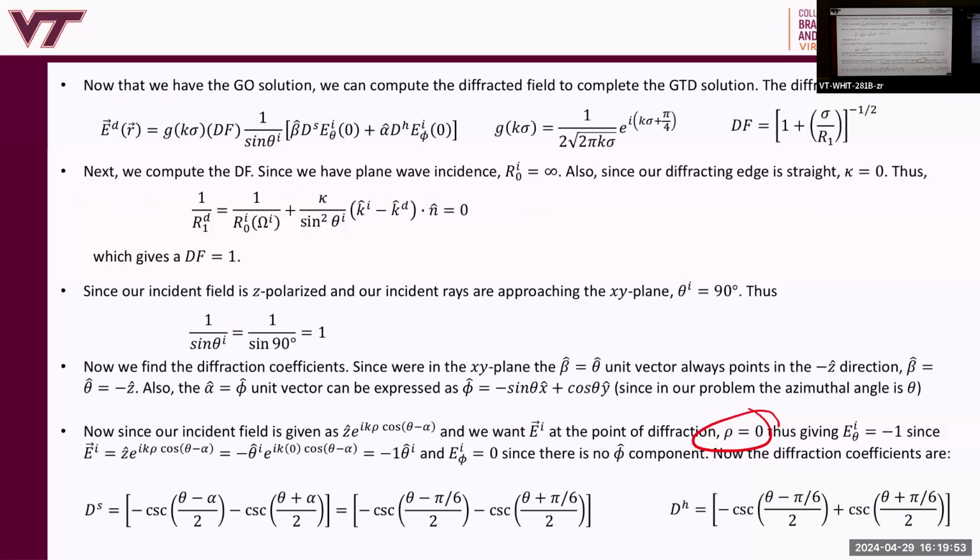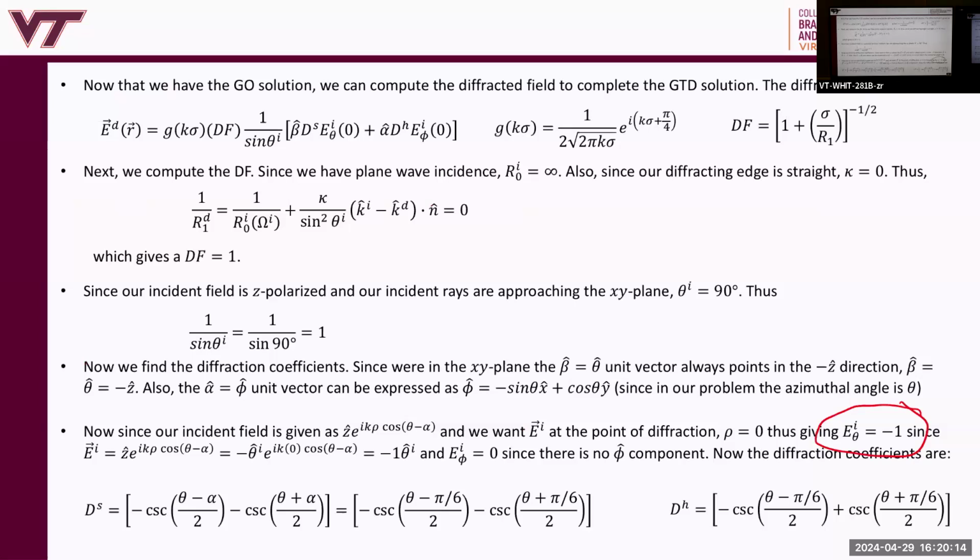I think I had a mistake on the slides last lecture about this, but at rho equal to 0, we have E theta here. If rho equals 0, you get e to the ik 0, which is just 1. So you get E theta incident is equal to -1 because of the direction.